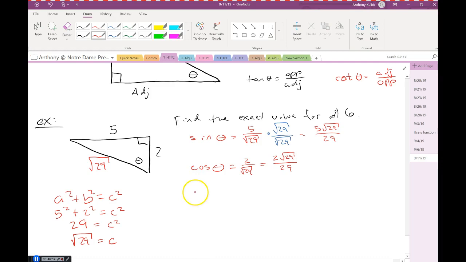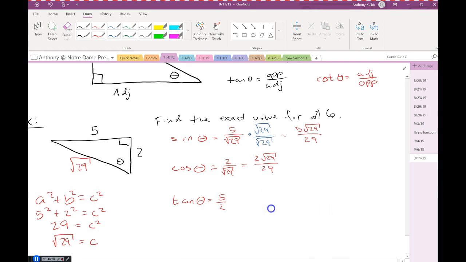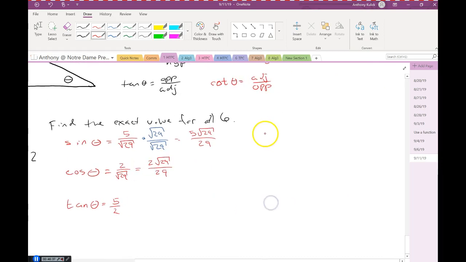And then if I want to do tangent, what's the answer for tangent? 5 over 2 or 5 halves. Good. And I don't have to do anything there with that. Okay? All right. So let's now write the values for cosecant theta, secant theta, and cotangent theta.